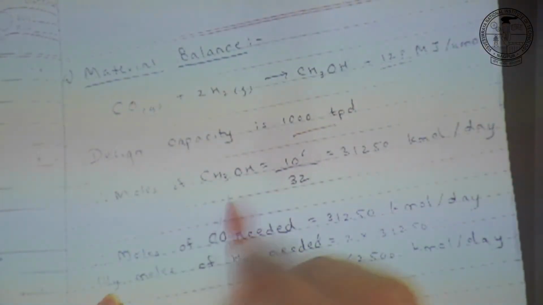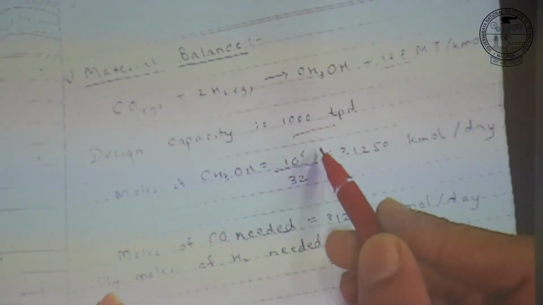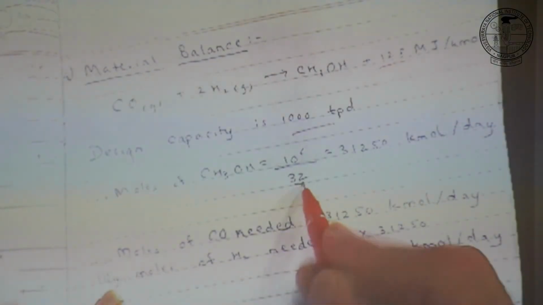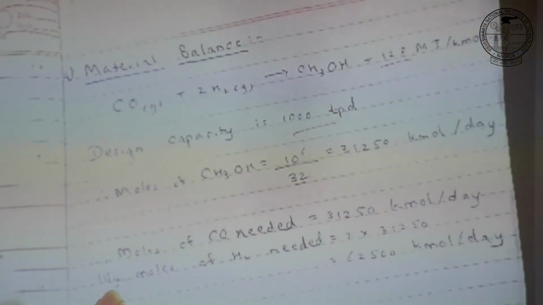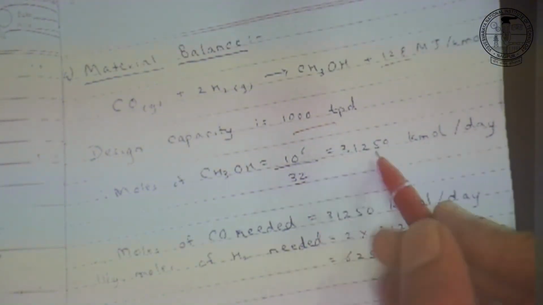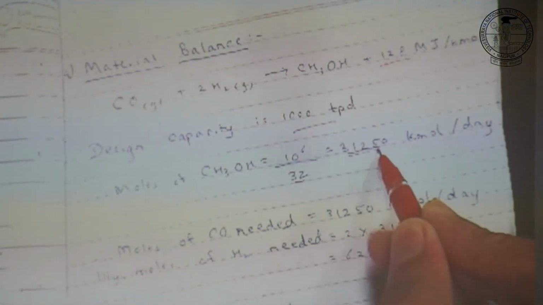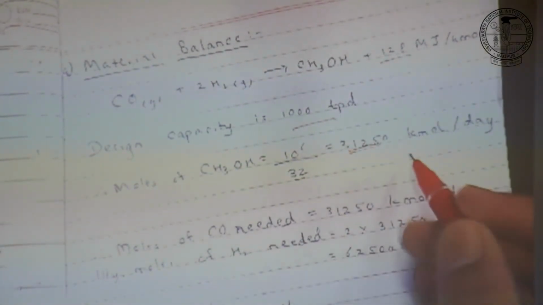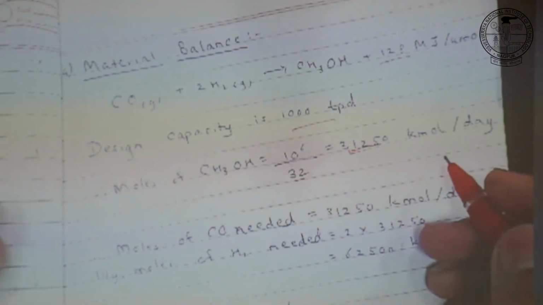So moles of CH3OH is 10 to the power 6 by 32, because the molecular weight of CH3OH is 32. So we are going to produce around 31,250 kilomoles per day of methanol.